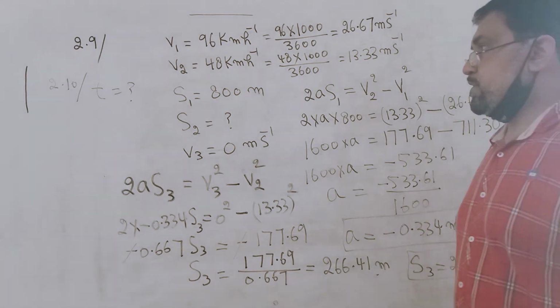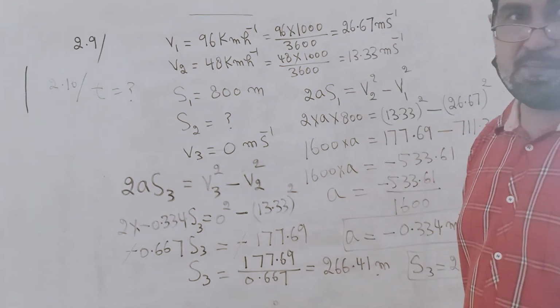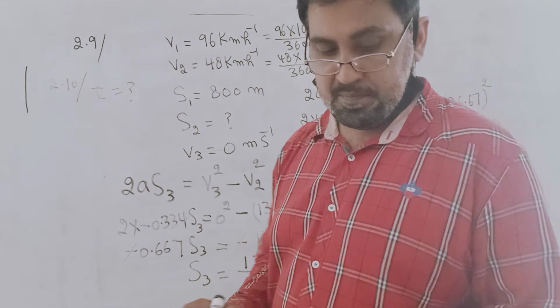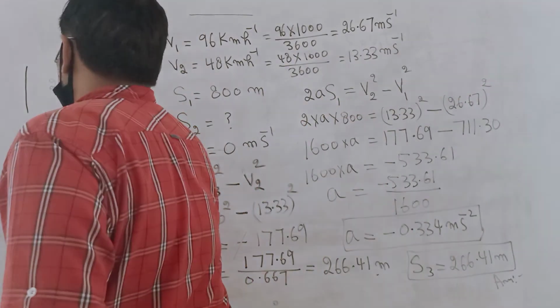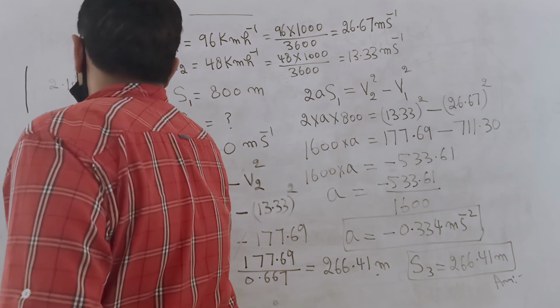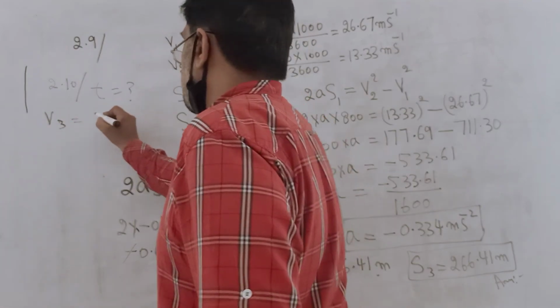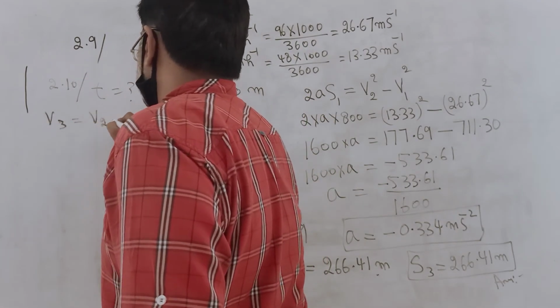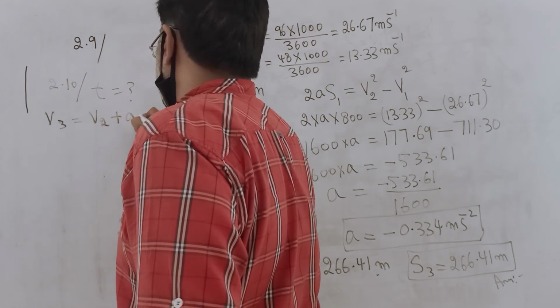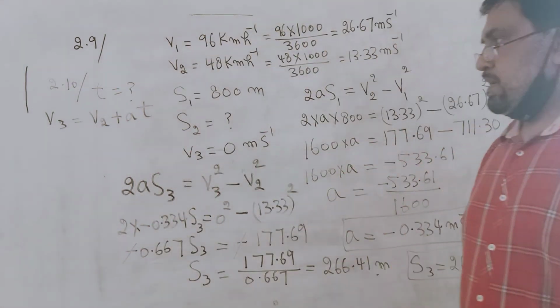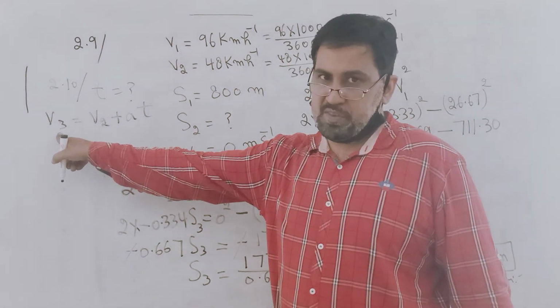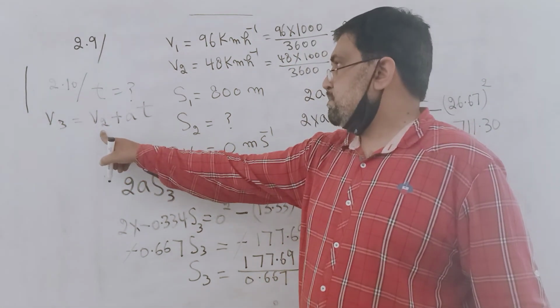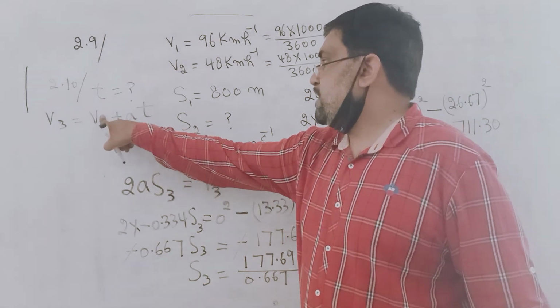For this, we use the first equation of motion. Vf is equal to Vi plus at. In place of Vf, we write V3, and in place of Vi, we write V1.